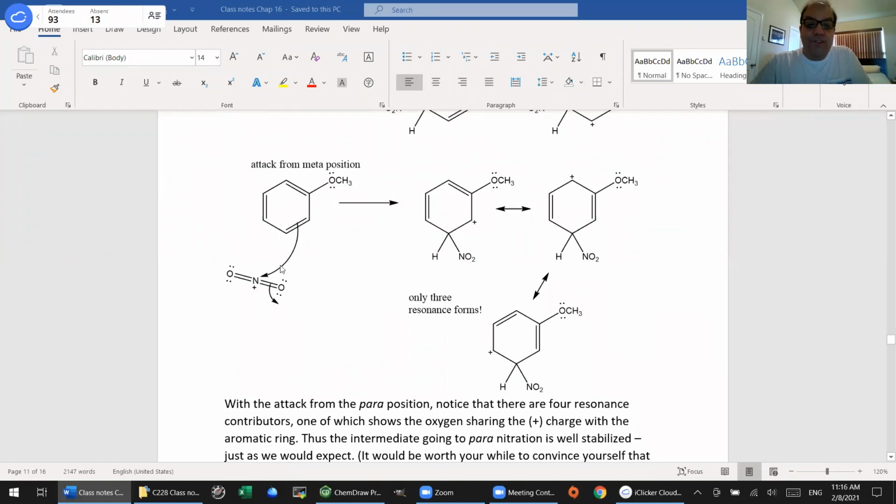I mean, we can show that. It certainly could happen, a few times out of 1,000. But then what we wind up getting is a particularly bad intermediate in terms of its stabilization.